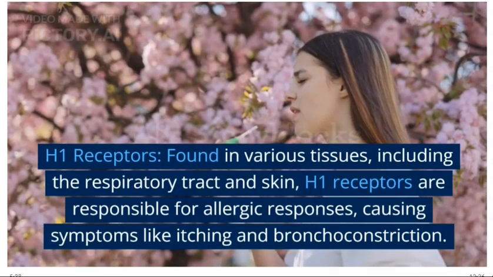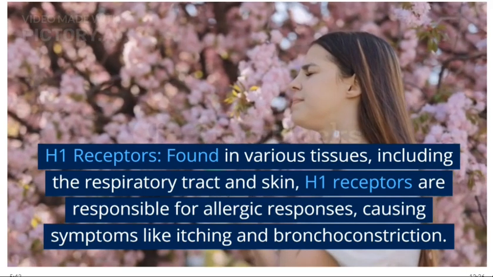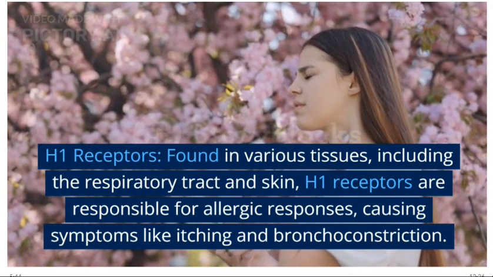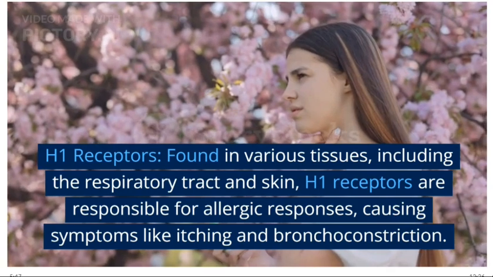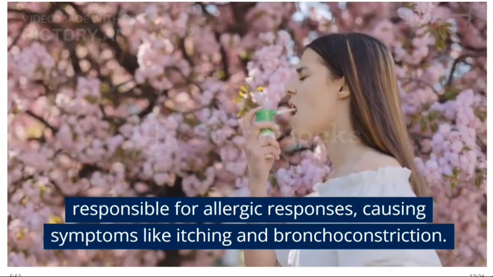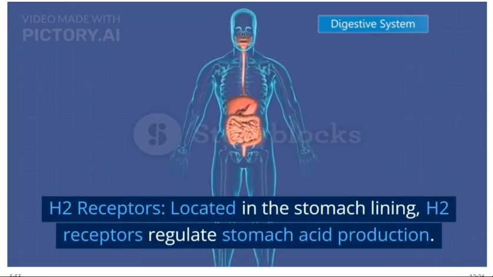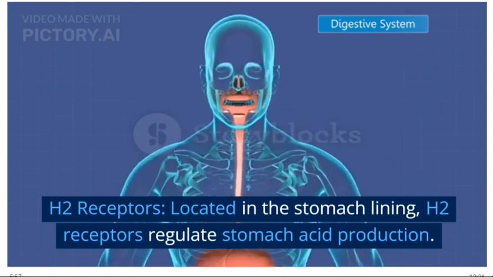H1 receptors, found in various tissues, including the respiratory tract and skin. H1 receptors are responsible for allergic responses, causing symptoms like itching and bronchoconstriction. H2 receptors, located in the stomach lining.